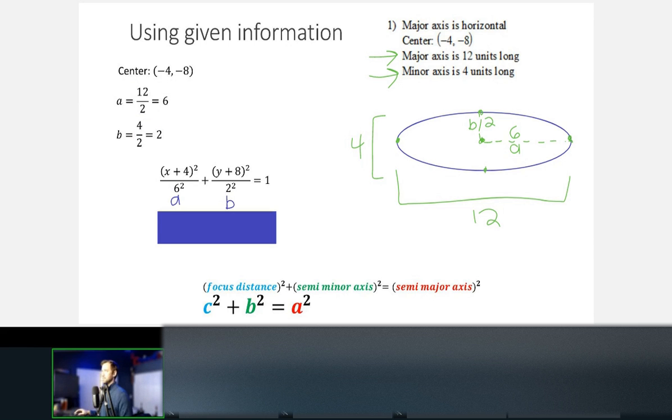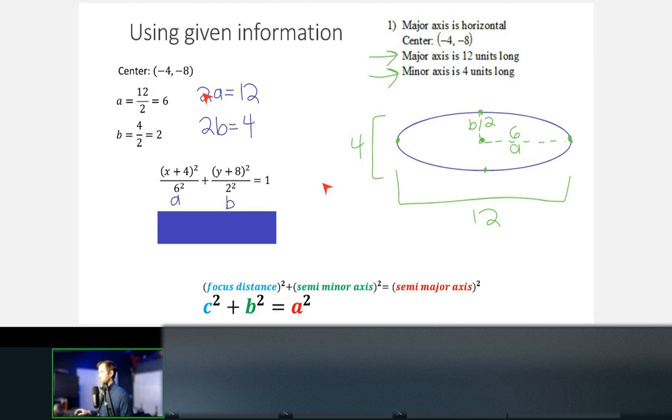Right. So yeah, there's the math, and we could have set it up a little differently. Like some of you said in chat, we know that 2a is equal to 12, and we know that 2b is equal to 4, and that may have been a little easier than just jumping right into half of 12 is 6, half of 4 is 2.